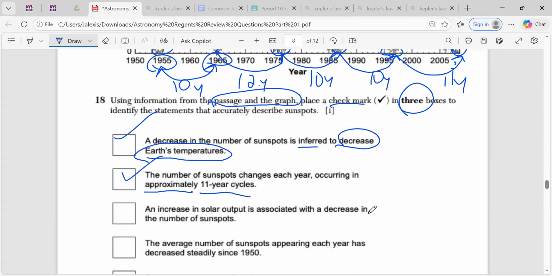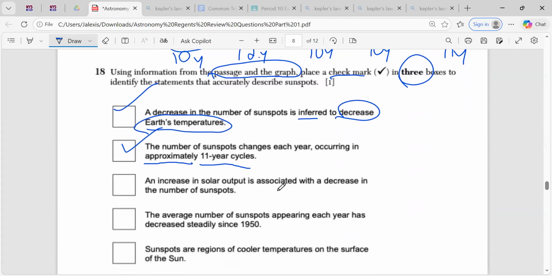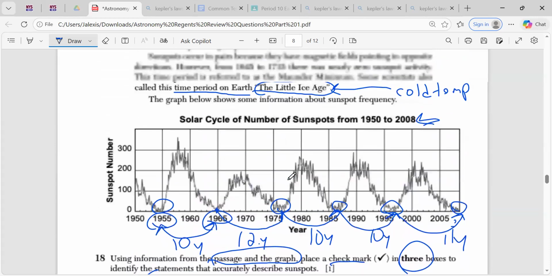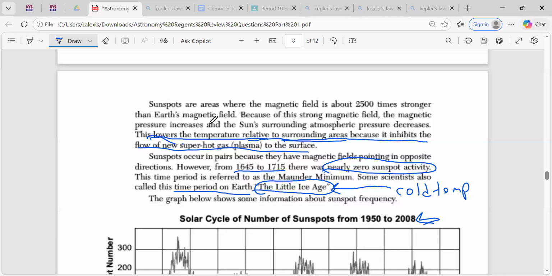All right. And if you just know anything about sunspots, as a content question, they usually occur in 11-year cycles. All right. An increase in solar output is associated with a decrease in the number of sunspots. Let's see if the reading talks about that. It says sunspots are where the magnetic field pressure increases and the atmospheric pressure is lower.